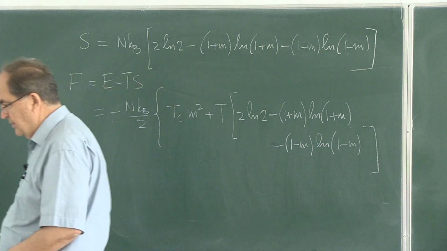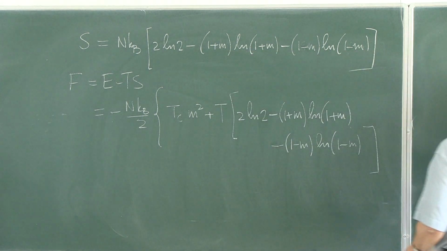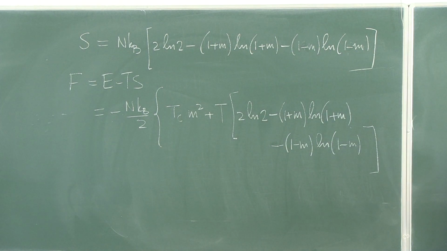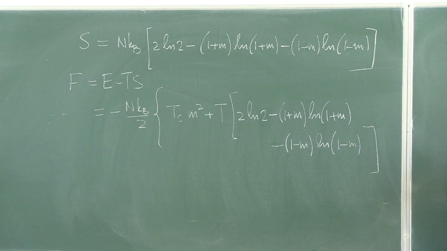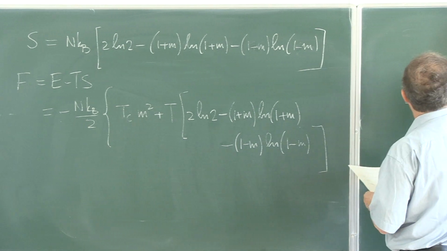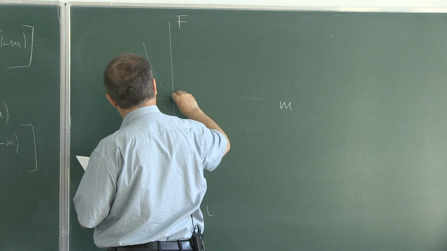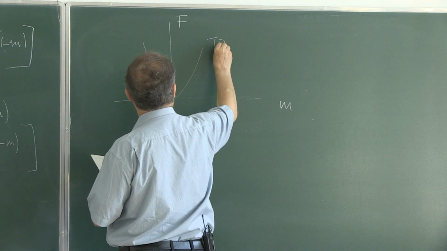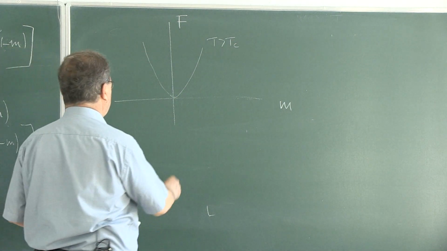So, if we plot this, we find exactly the same thing as we did before. We find, as a function of m, the free energy above the critical temperature: m turns out to be 0.